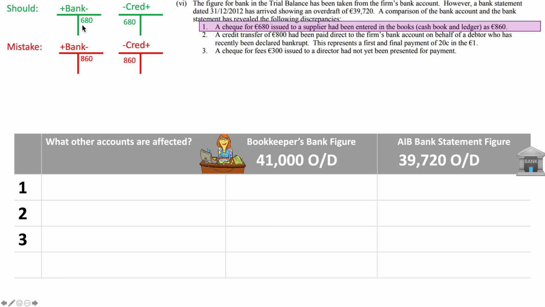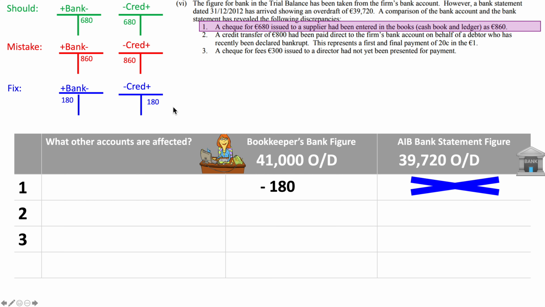They should have said 680 came out of the bank and our debt to the creditor reduced by 680. But what they did by mistake was they said it was 860 and 860. So to fix that then, we will put 180 on the debit side of bank and 180 on the credit side of the creditor. And that is that.